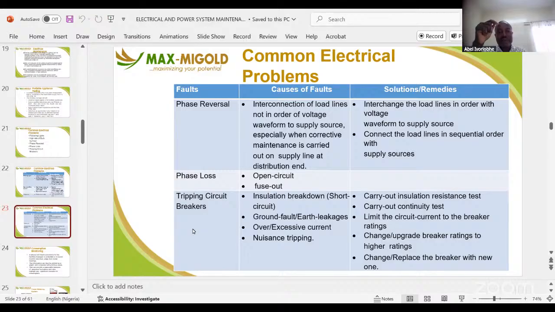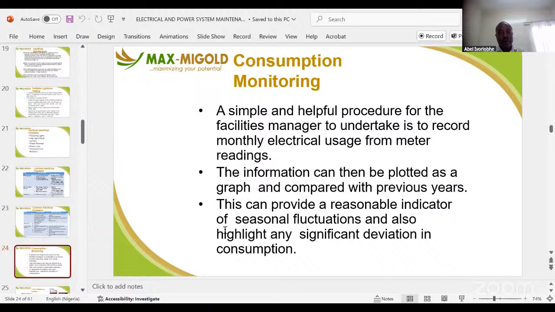You know that there's a phase reversal. What you need to do is to interchange the load line, or you contact them to come and do it for you. So triple circuit breaker, like I said, ensure that you understand where the problem is coming from before you switch it on or switch back. All right.